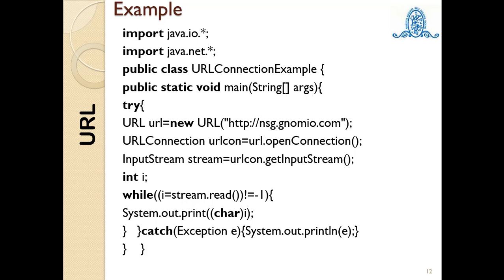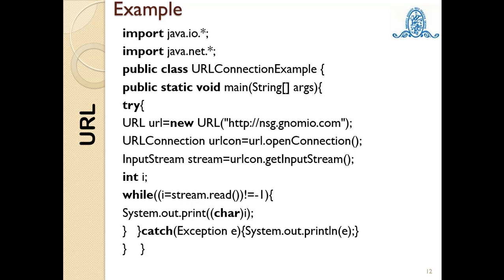For reading the data, the read method is used which returns a single integer or byte value from the stream. That value will be compared with -1. If the byte value which is read from the stream is not equal to -1, then the loop will continue, otherwise the loop will be terminated.